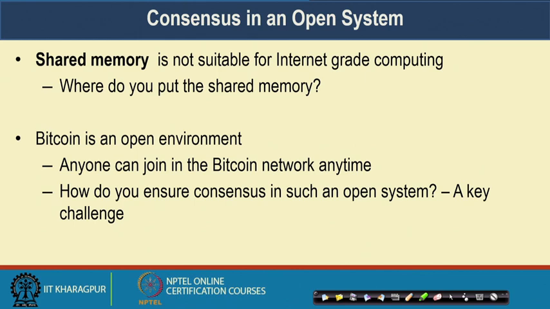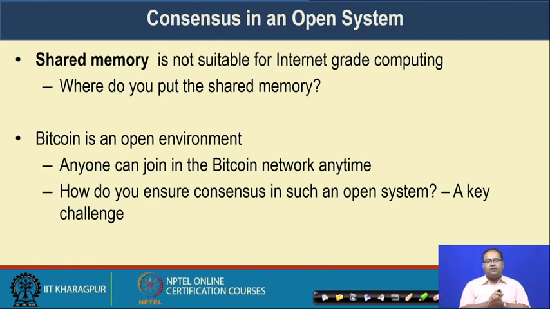In general, we apply shared memory algorithms whenever we try to reach consensus among multiple distributed processes inside a system, but we apply message passing in the other case. But as we have seen, message passing is not feasible in an open environment like Bitcoin, where anyone can join the network anytime, and the challenge is how you will ensure consensus under this scenario.